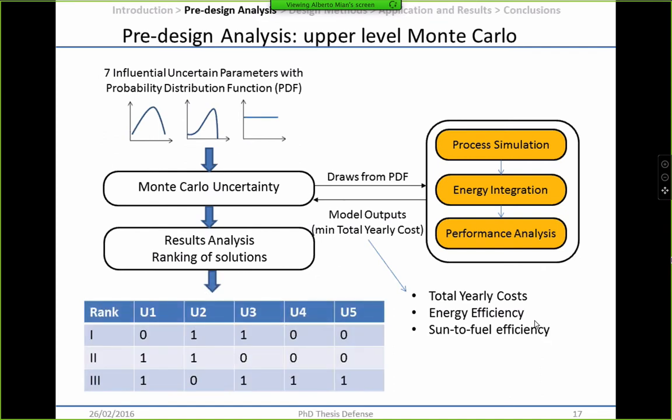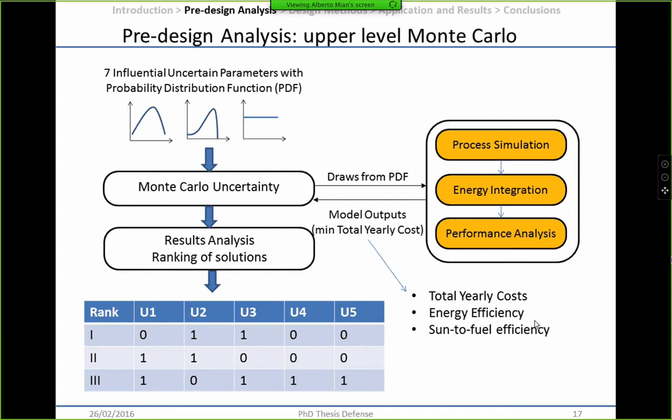So, how did I do this? In this case, every time I test a set of uncertain values on my problem, I get an answer. I collect all the answers, and at the end of the analysis, I count how many times each binary solution was the best one.